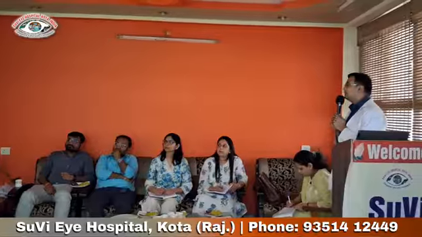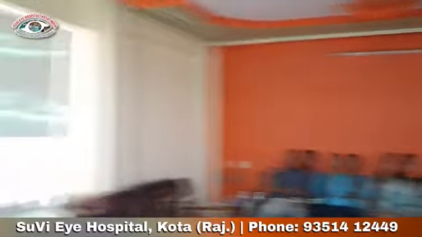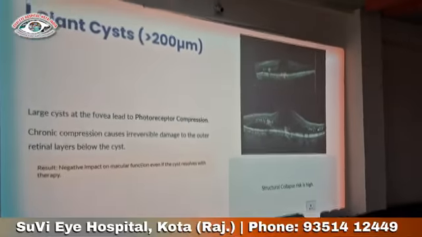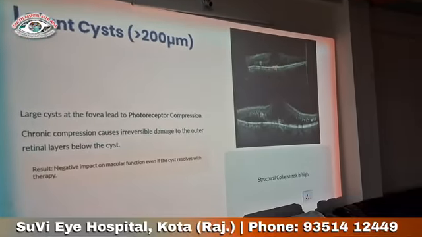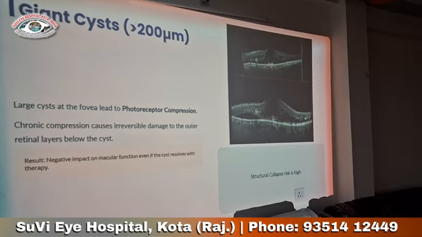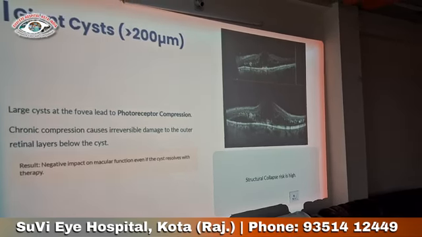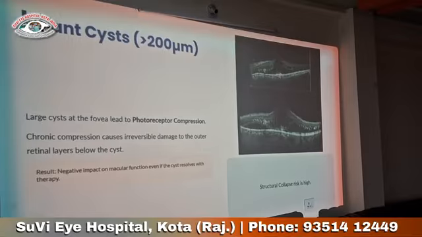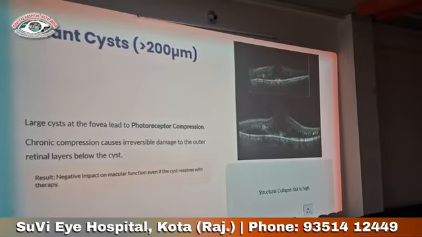But still, the residual tissue, you can see the red pointer in the first picture, it is the residual tissue. So compare the residual tissue in the below picture. The picture is not very clear, but you can compare the residual tissue in the second picture. The residual tissue is more in the second picture.